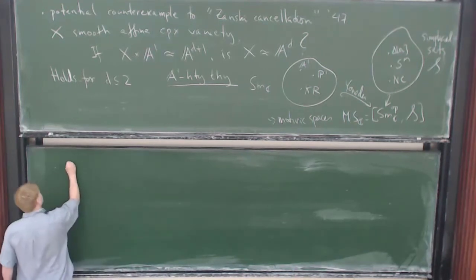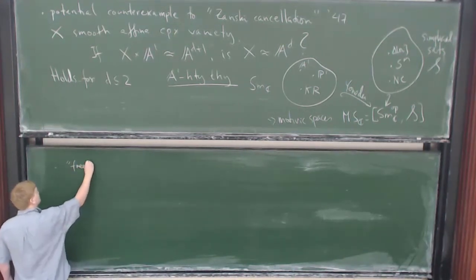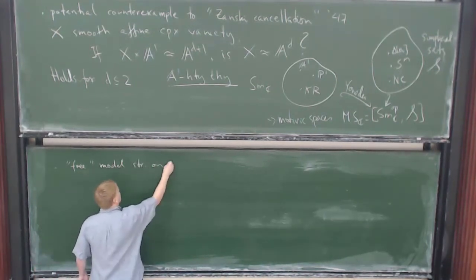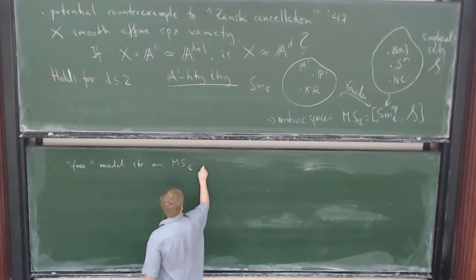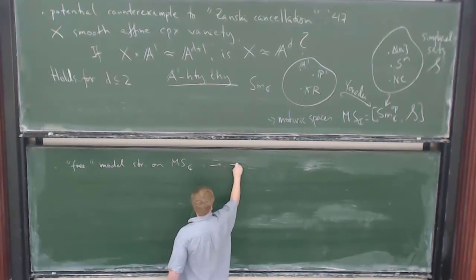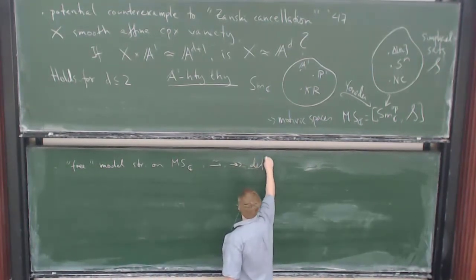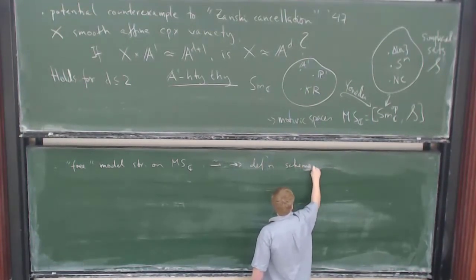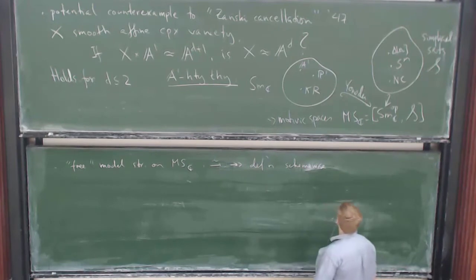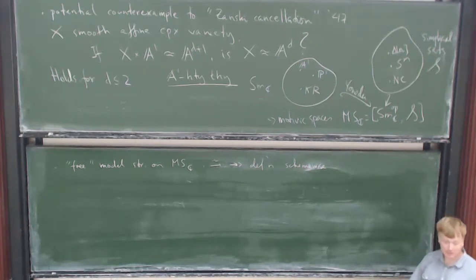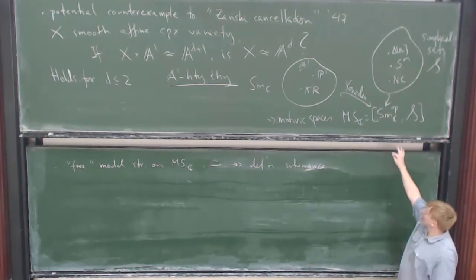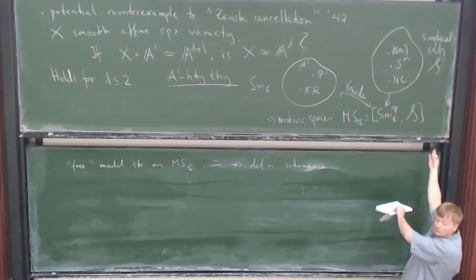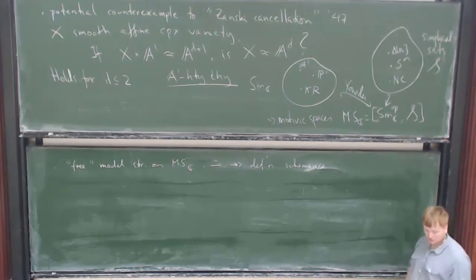So there's a free model structure on motivic spaces over C, where the weak equivalences and the fibrations are defined pointwise or scheme-wise. If you have such a motivic space, we just evaluate on any scheme and look at if we obtain a weak equivalence or a fibration in simplicial sets.